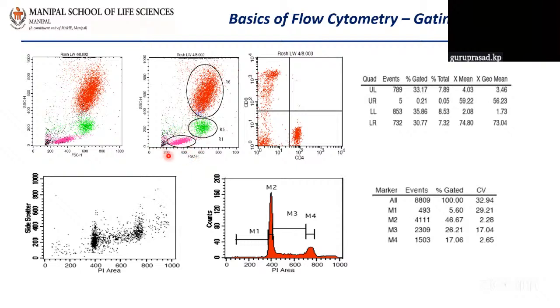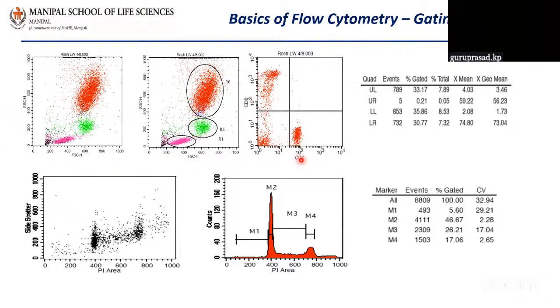This marking is called gating, and the mark is called a gate. This is very important, so please look into this. Marking is called gating and the mark is called a gate. You can see R1, R5, R6 are gates. Okay, now I have another plot on the next slide.